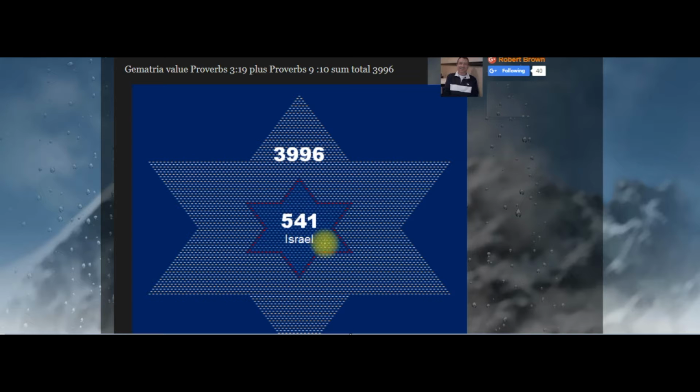It also equals the value for the holy name Israel, and it's 108 units that make up the perimeter of the Israel star, as well as 108 units that make up the perimeter of each 666 segment. 666 times 3 being 1998. 1998, 1 plus 9 plus 9 plus 8 equals 27, the value for the name of Jesus. 3 plus 9 plus 9 plus 6 also equaling 27, the value for the holy name of Jesus.